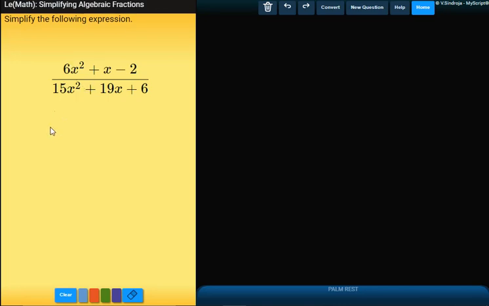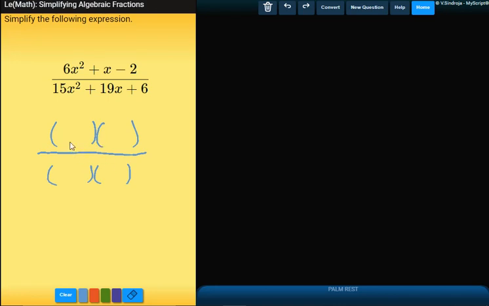What we need to do is factorize the top of the fraction into double brackets, and then the bottom into double brackets. They always design these questions so that you can cancel something out. So in this case, if we factorize the top and factorize the bottom, then one of these brackets will be the same as another one, and then you're allowed to cross them out.